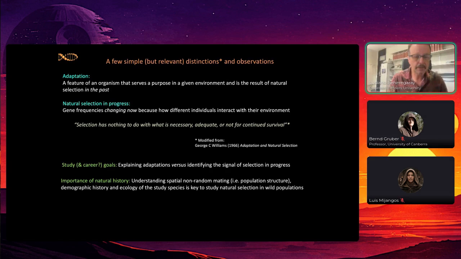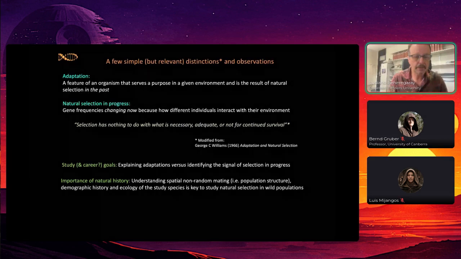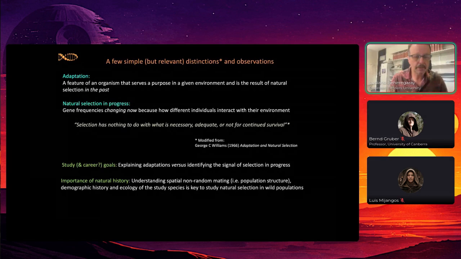I talked about these two components first because this is something that pretty much everyone with a good sampling design and a good genomic data set can do these days.